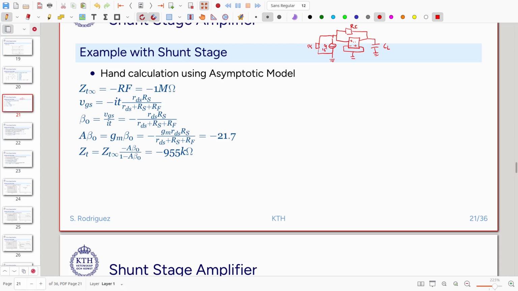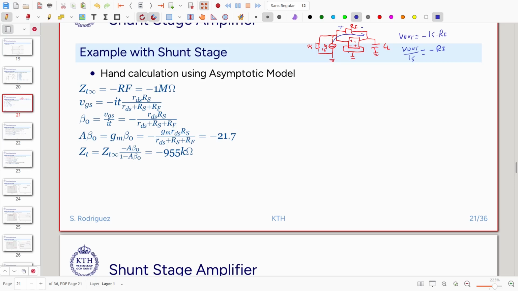So we see, assuming that we have a null order, that all the current flows directly to the output through resistor RF, and the output voltage will be equal to minus IS times RF, and the transimpedance will be equal to minus RF.